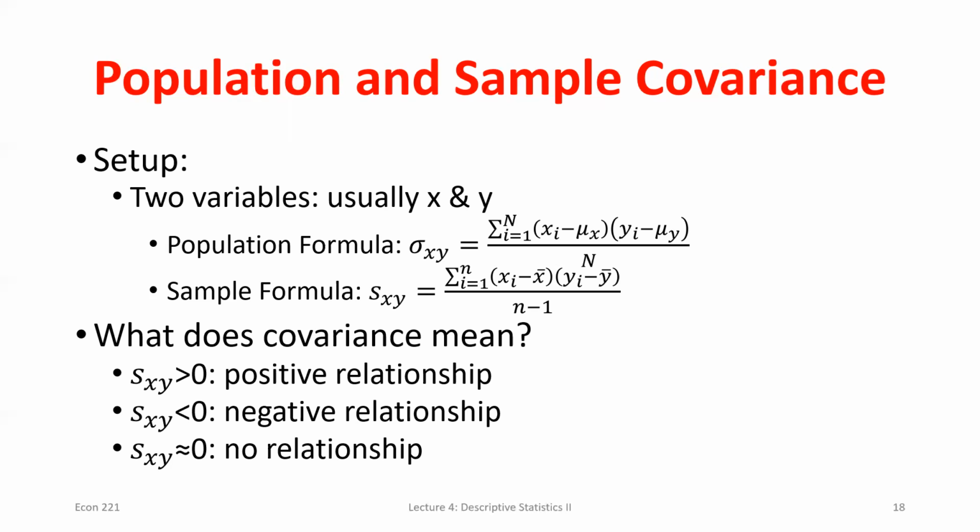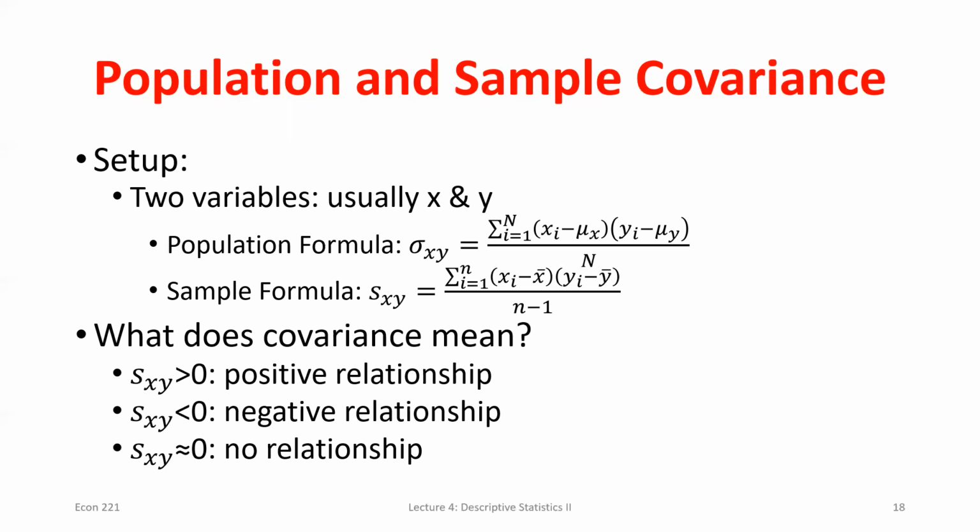So that was an observation that provided evidence that these two things tend to be on the same side of the average. Let's say I had someone with below average education and below average income. Well, when I subtract the mean from both of those, I'll have two negative values. A negative times a negative is a positive.